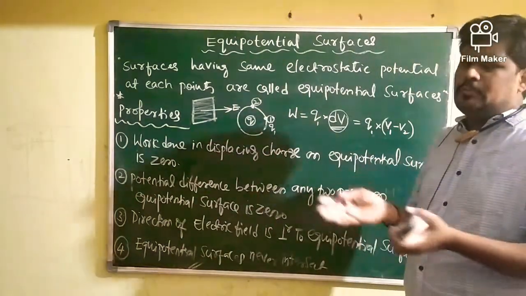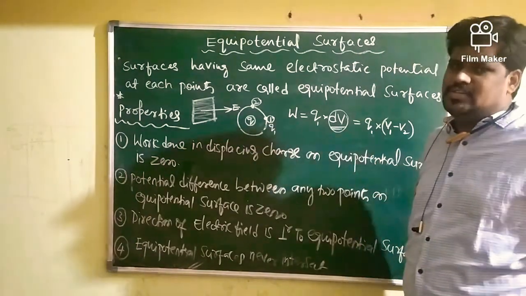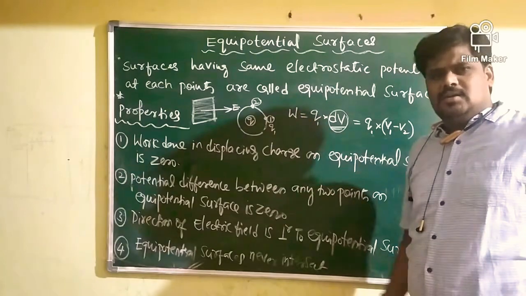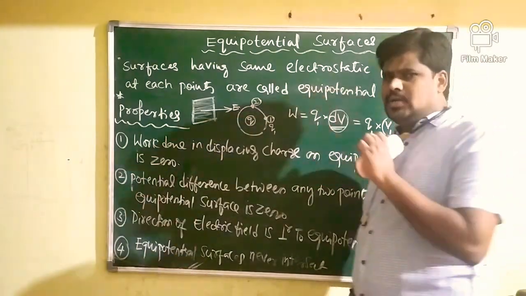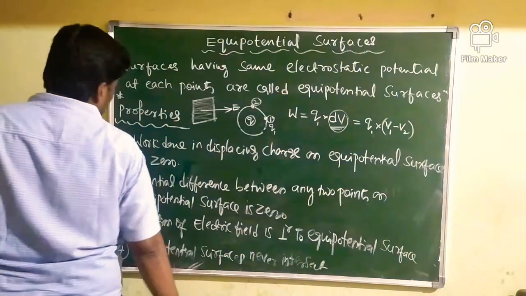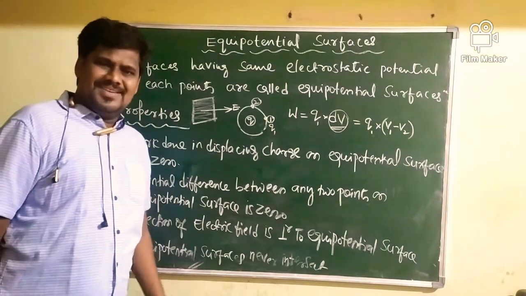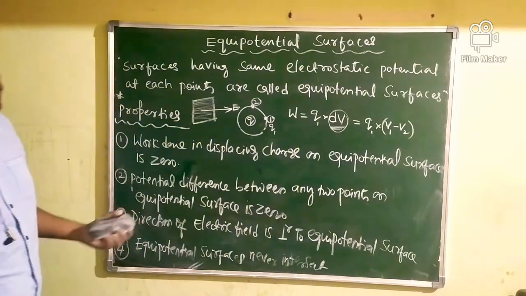Equipotential surfaces crowded together, very close to each other, indicate that there is a strong electric field. So this is about the properties of equipotential surface.